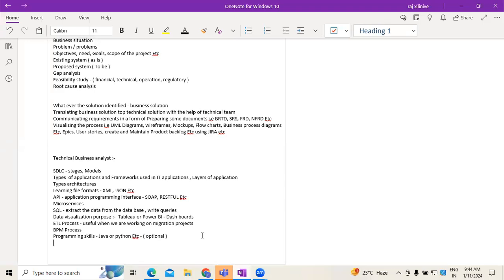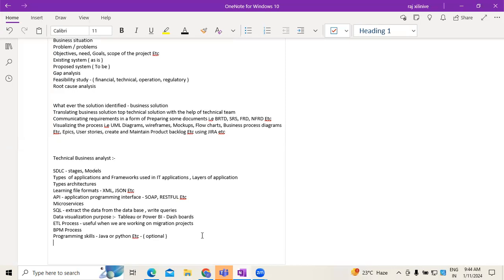So it's always advisable to have a basic understanding of BA skill sets, and a detailed understanding of functional BA is essentially required. If you learn it, it will be more useful to you. Otherwise, you have to learn business analyst first, then technical BA will be useful. Or you can enroll for both. You can attend functional BA separately and technical BA separately. If you learn both, that is the choice of the people attending, right?